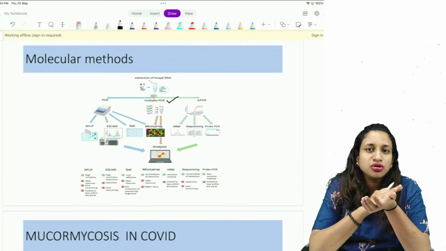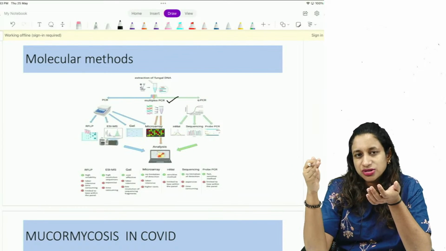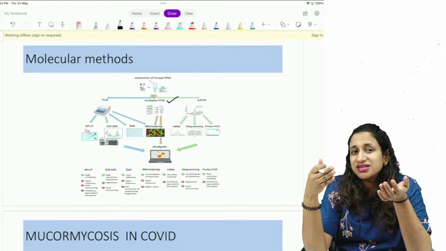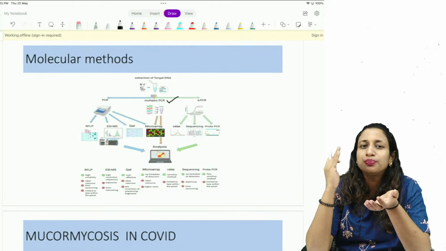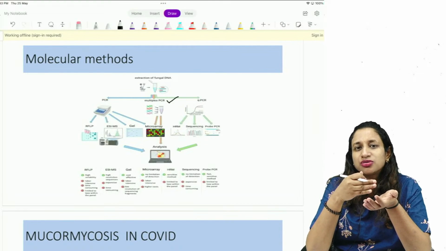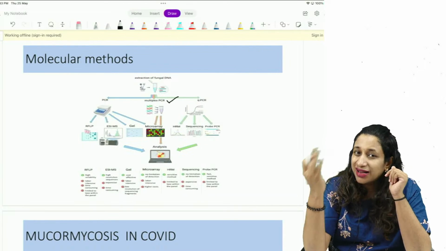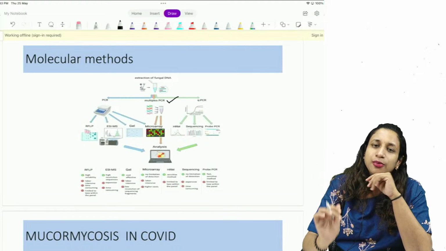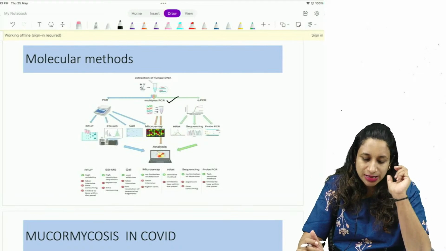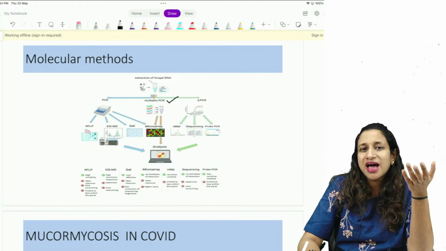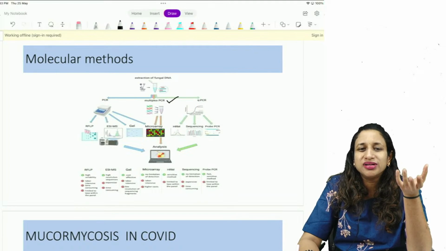So when you are not sure if this is mucormycosis, but you are still considering that this could be aspergillosis, multiplex PCR gives you the advantage that multiple suspicions of different kinds of organisms can be tested with one single fungal DNA sample. Now, you also have the advantage that this gives you quantitative PCR.